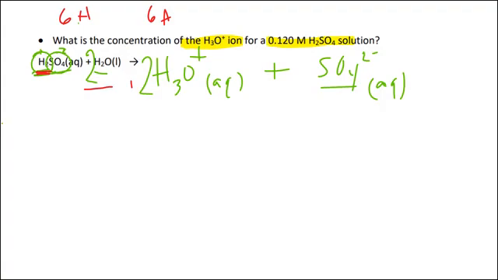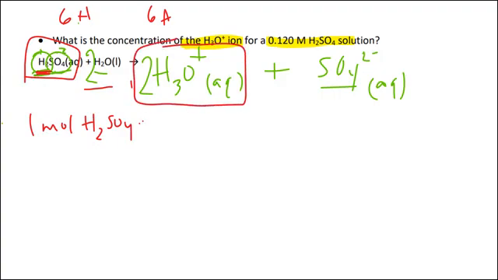So now we just need to compare my H2SO4 to my hydronium ion concentration. Let's look at those mole ratios. I would say for every 1 mole of H2SO4, there are 2 moles of H3O+.